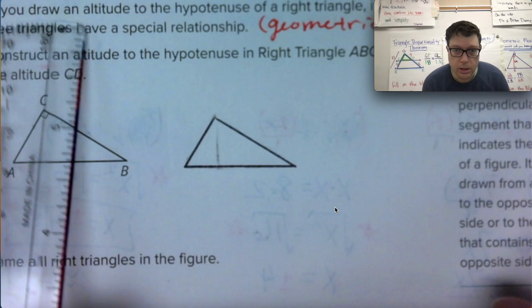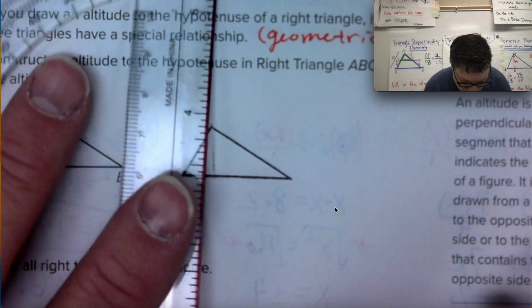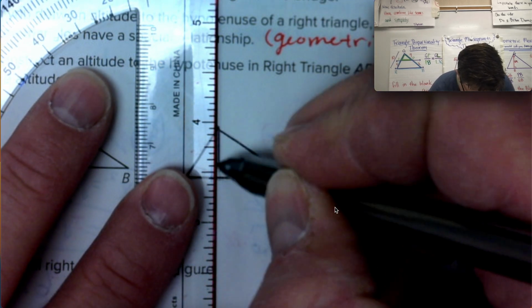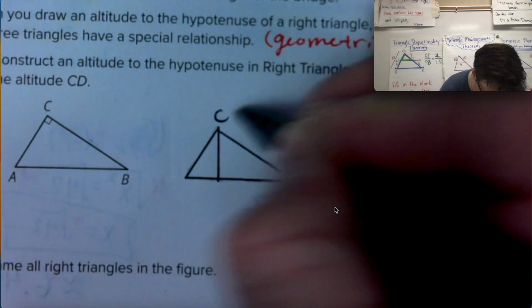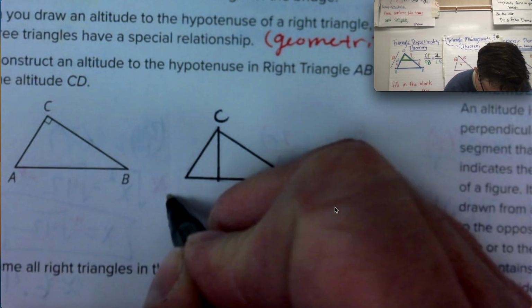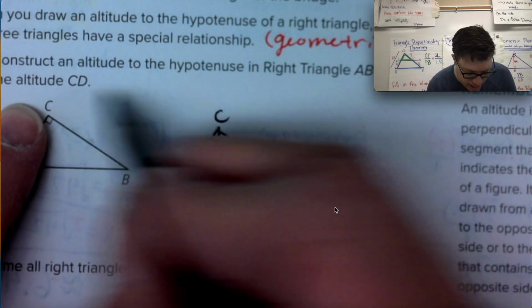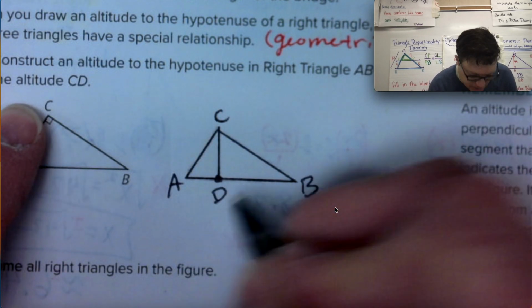Making the perpendicular line, and then I need the labels. So there's C, B, A, and then they said construct an altitude and label the altitude CD.